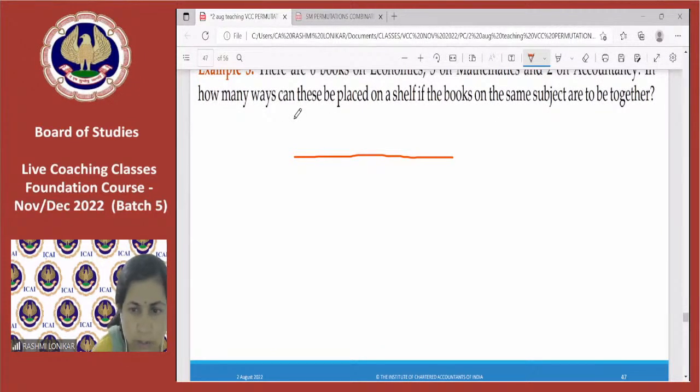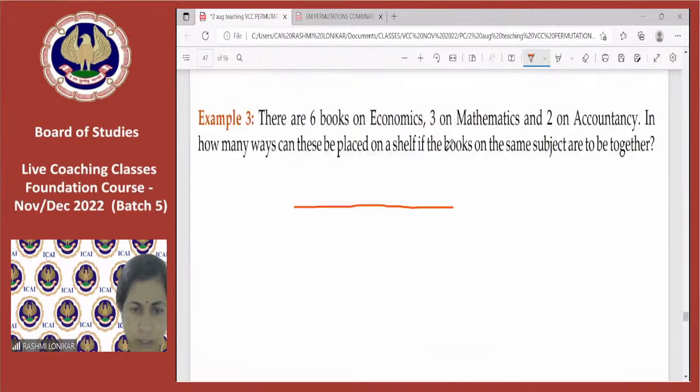What is the condition that books on the same subject are to be together? So this is my bookshelf.